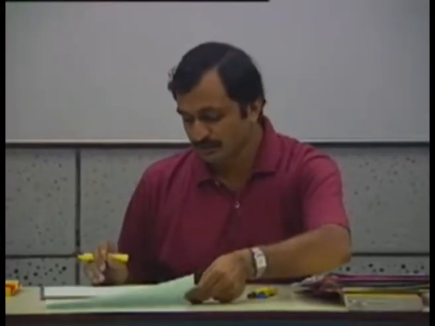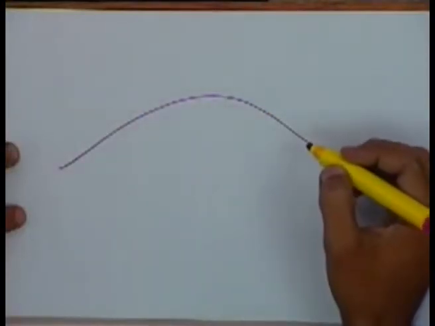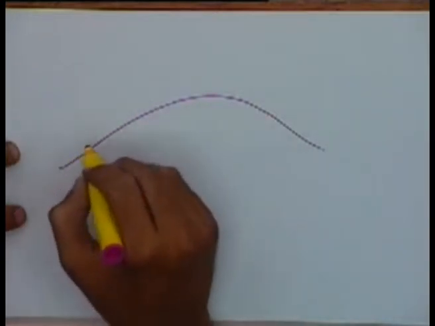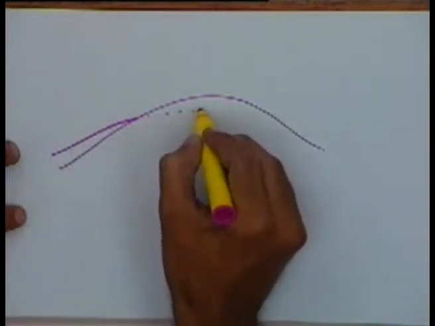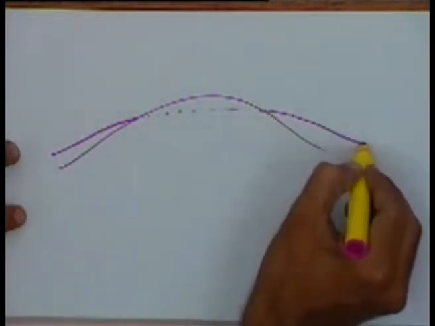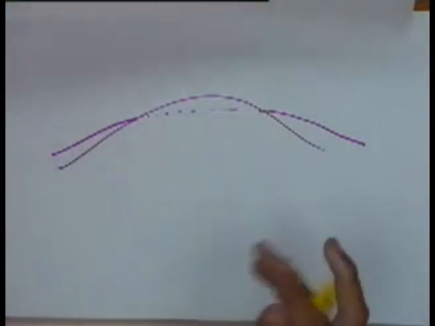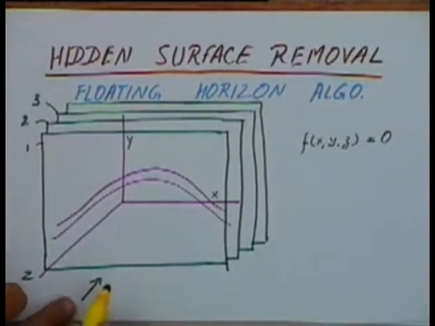Now if we have a situation in which the first curve that we draw is a curve like this, and the next curve that we get intersects this curve, that means the first goes like this and the second intersects it here and goes on further. In this situation, we are looking at the surface from the front.